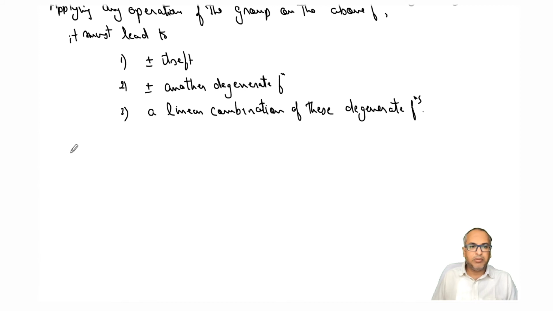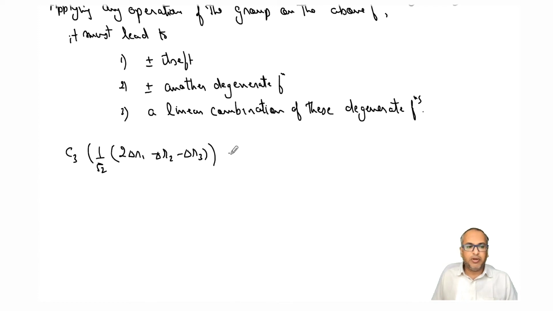Okay, so let's pick C3 out of the D3h point group and apply it on this particular function, 2 delta R1 minus delta R2 minus delta R3. If you apply this, what you will get is 2 delta R3 minus delta R1 minus delta R2, since R1 goes to R3, R2 goes to R1.